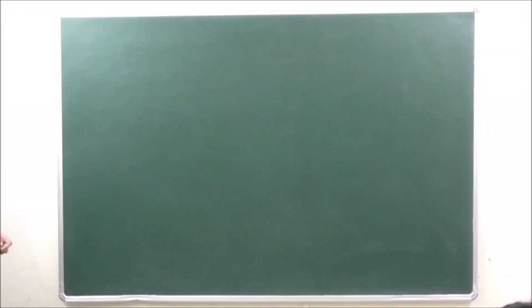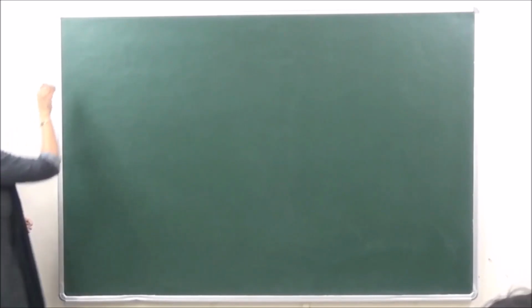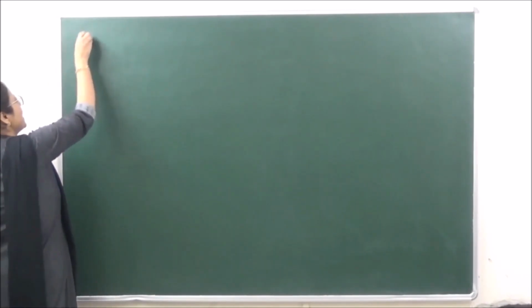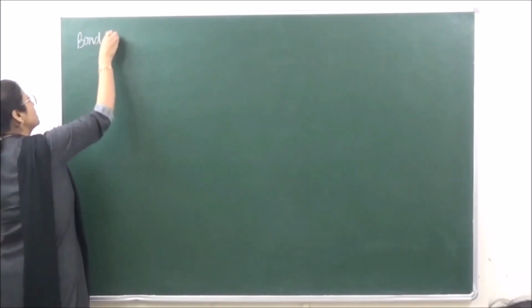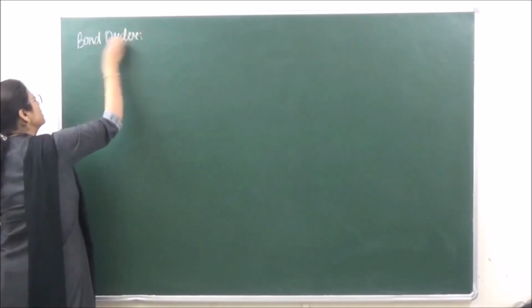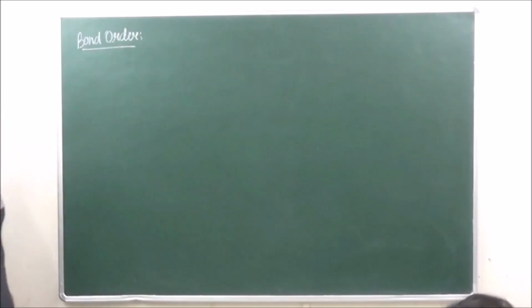So क्या है ये कि the resonating structures help us to calculate bond order, right?